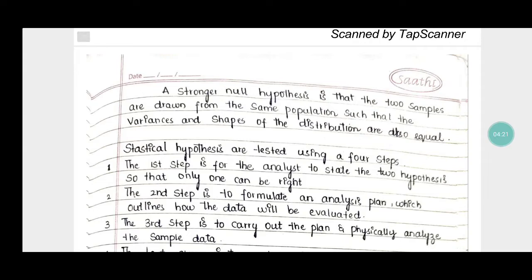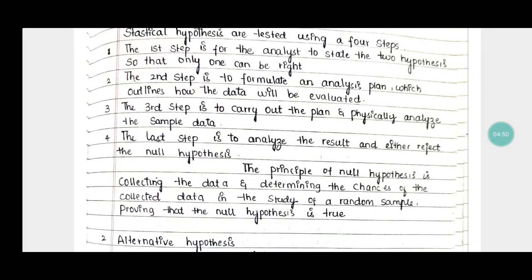So the statistical hypotheses are tested using 4 steps. The first step is to state the two hypotheses so that only one can be right, where the second step is to formulate an analysis plan, which outlines how the data will be evaluated, and the third step is to carry out the plan and physically analyze the sample data, where lastly the fourth step is to analyze the result, either reject or accept the null hypothesis.